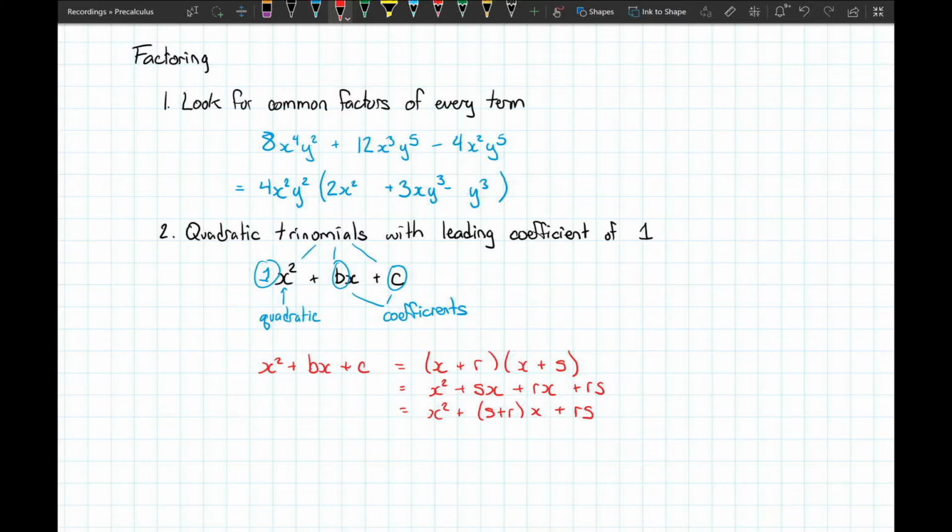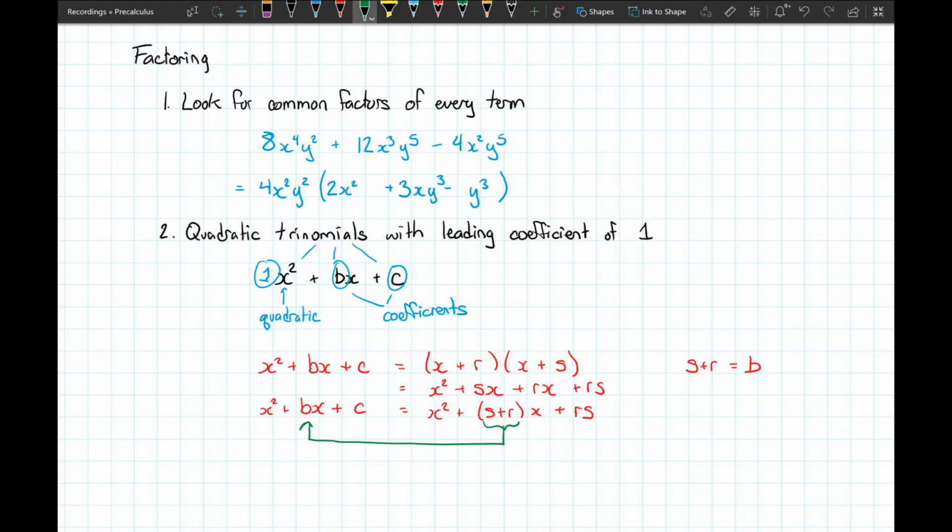Okay, now matching the left-hand side to the right-hand side, if you are able to factor it, then you can match coefficients. B must equal s plus r. So that's one requirement for factoring it this way. S plus r are 2 numbers that, when added together, equal the coefficient of the middle term.